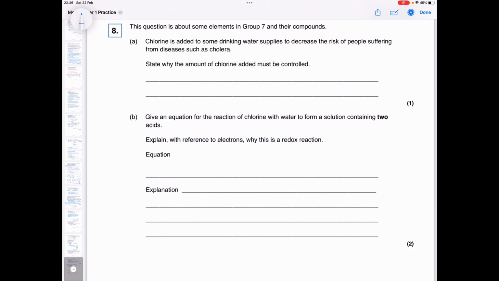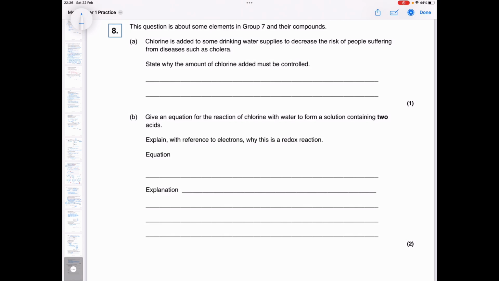Question 8. This question is about group 7 and their compounds. Part A. Chlorine is added to some drinking water supplies to decrease the risk of people suffering from diseases such as cholera. State why the amount of chlorine added must be controlled.